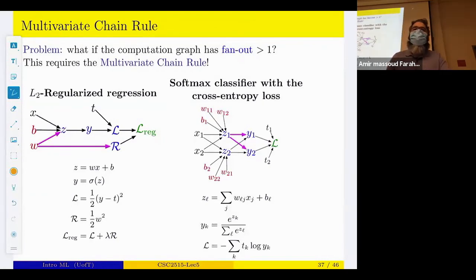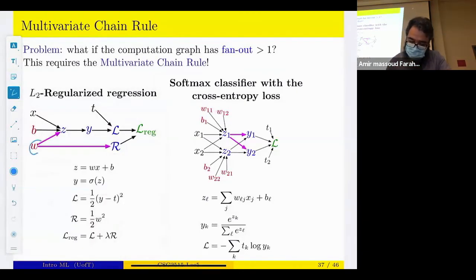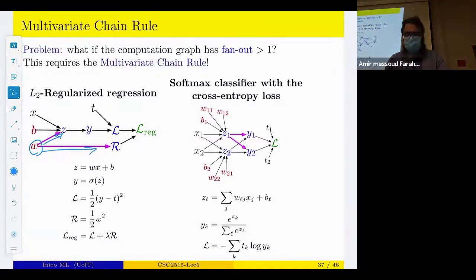Okay, so another thing is that suppose you have a computation graph that has a fan out larger than 1. So for example, you have this weight here that goes through Z and goes through R. R here is the regularizer. So this is the case of L2 regularized regression.